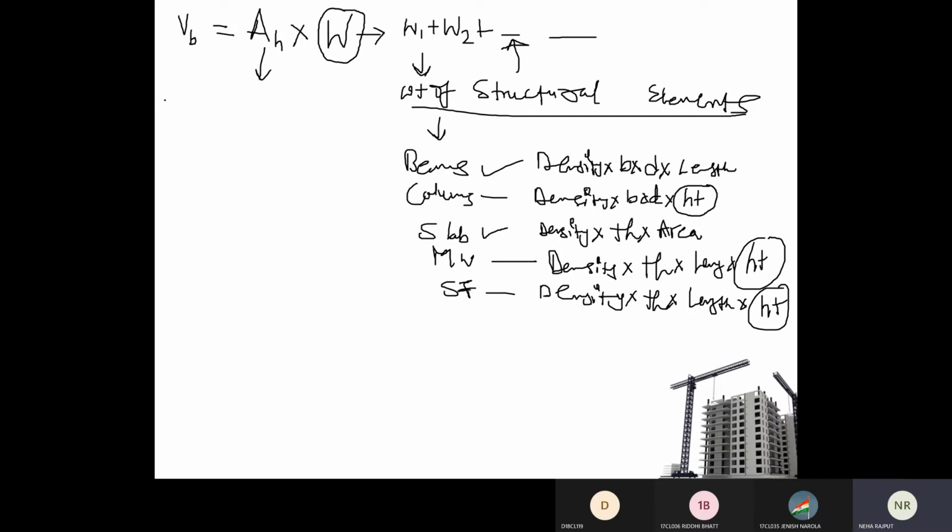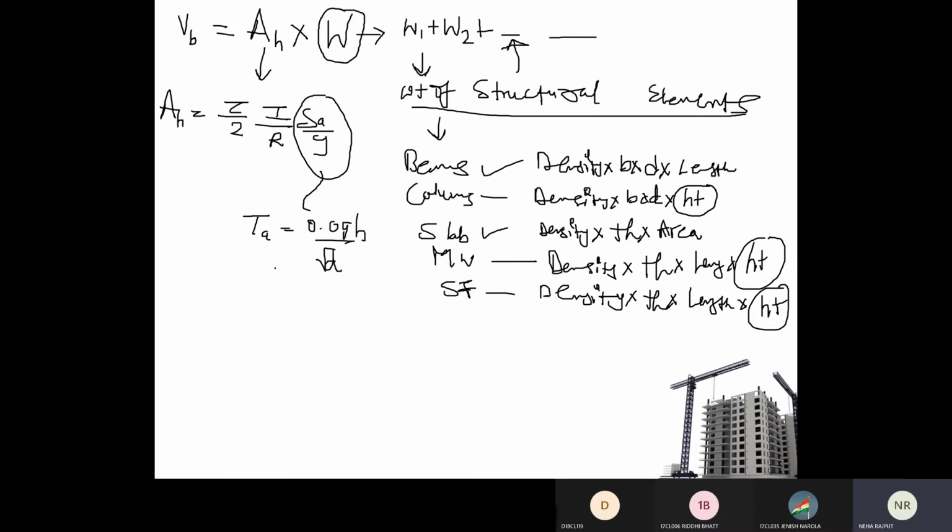And to find the AH, the equation for AH is Z by 2, I by R and SA by G. Z is the zone factor, I is the importance factor, R is the response reduction factor, SA by G is the spectral acceleration coefficient, and this SA by G you can find from the time period, 0.09 h upon under root d, and from this time period and dependent on type of soil you can find the SA by G value. Once you have AH and W you can find base shear.